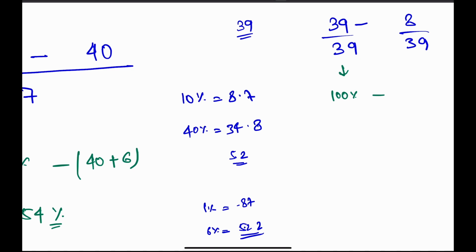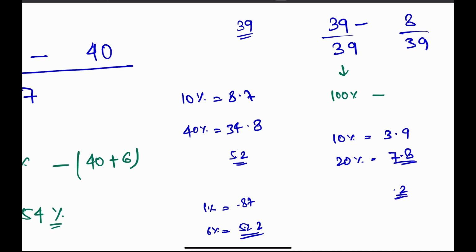So 1% is, again now it's easy, 10% is what? 3.9. 20% is what? 7.8. Okay, and we need 0.2 more, so that is just the half.